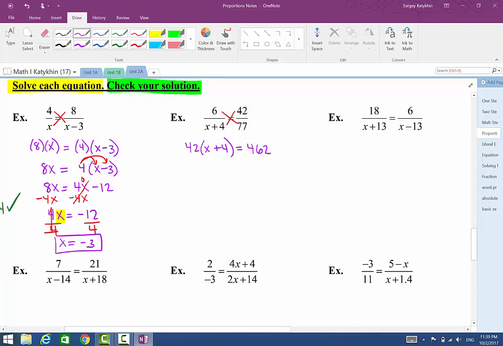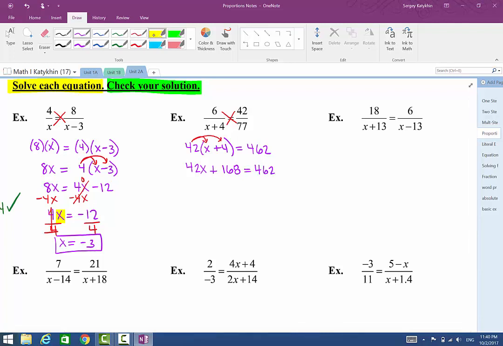So let's go ahead and, as you can see on the left side, we can use the distributive property to get those values. So now 42 times x, that's easy enough to know that it's 42x, plus 42 times 4, well, if we do that, 42 times 4 is actually going to give us 168. So that'll be 168 is equal to 462.